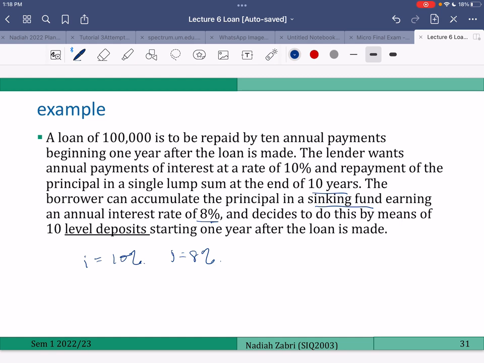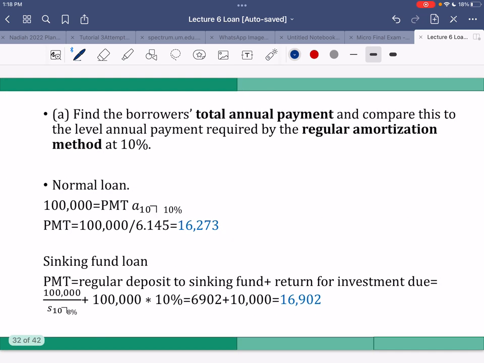So what is the question? Find the borrower's total annual payment. Total annual payment is RT. So the RT is constant or level. It's level because the deposit to the sinking fund is level, and also the interest due, which is LI, is also level.